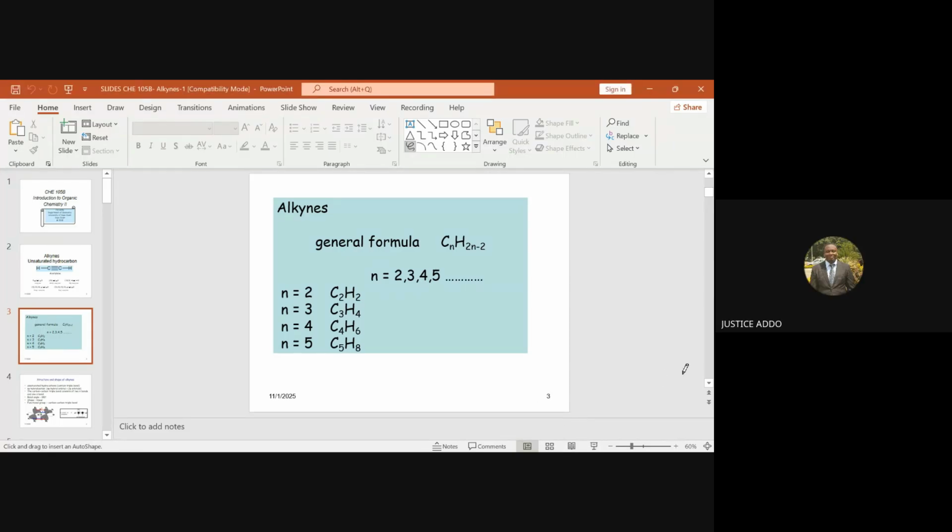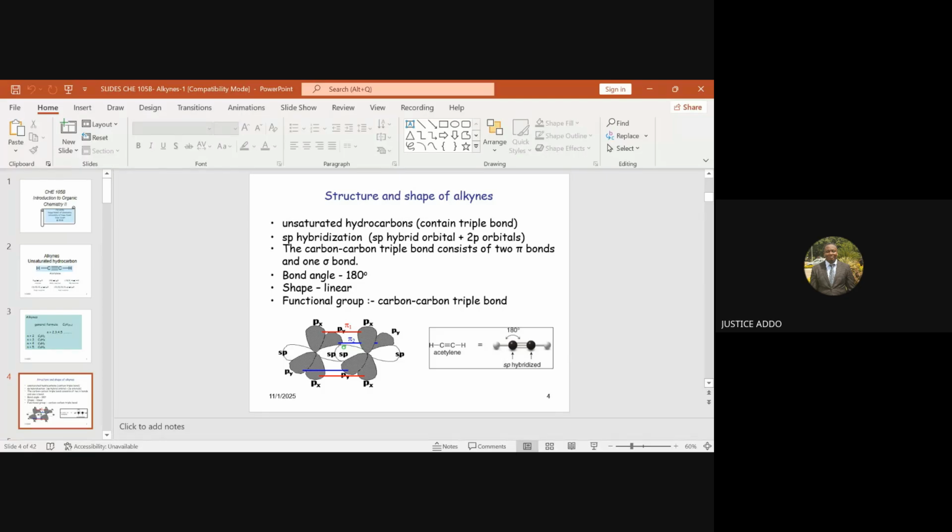All right, so these are the formulas, and like I said earlier on, alkynes contain the triple bond that characterizes them. That is their unique identity. The hybridization of the carbons bearing the triple bond is sp, and there's a bond angle of 180.